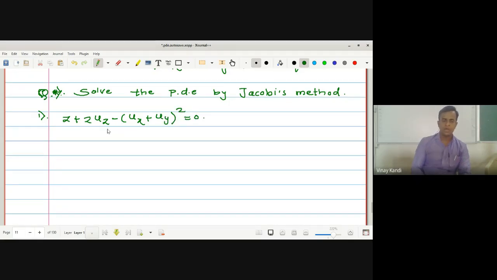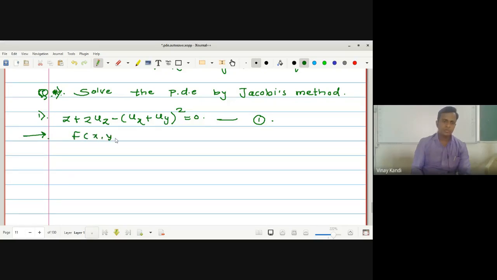This is a first order partial differential equation, in which x, y, z are the independent variables and u is the dependent variable. The equation does not contain the term u. Call it equation number 1. Solution: what is given to us?